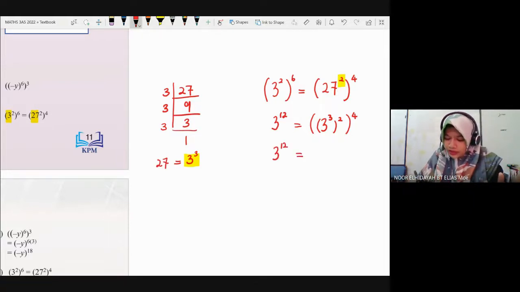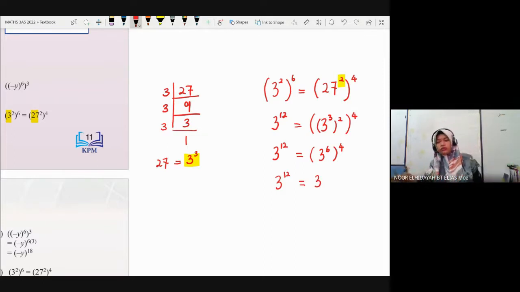On the right hand side, in the bracket is 3 to the power of 6, to the power of 4. Then left hand side 3 power of 12 equals to, this one will be 3 to the power of what? 3 to the power of 6 times 4? Yeah, 24.